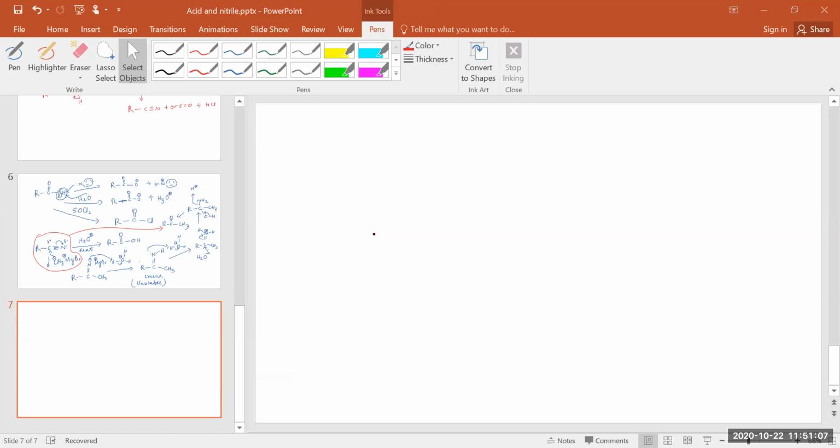So this nitrile can be reduced. See, it has 2 pi bonds, carbon nitrogen 2 pi bonds. So at high pressure, hydrogen with palladium on charcoal can remove those 2 pi bonds, and it can make an amine.